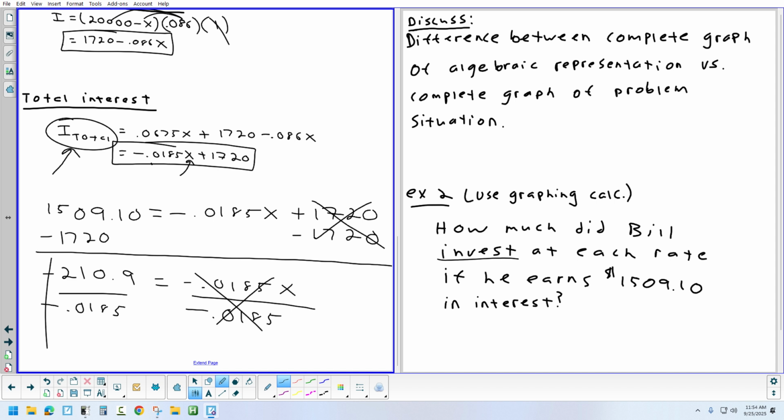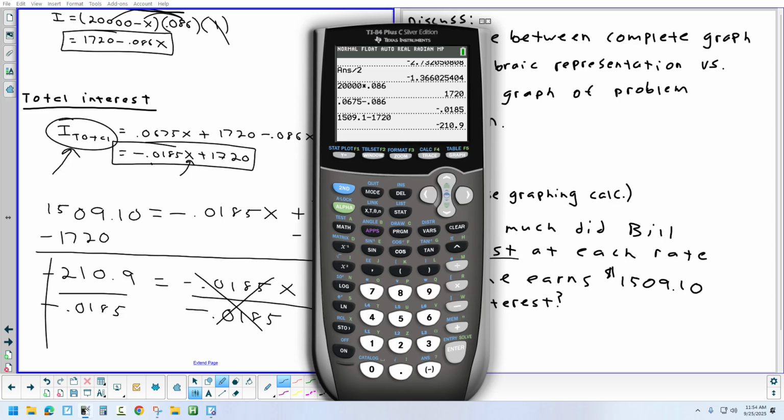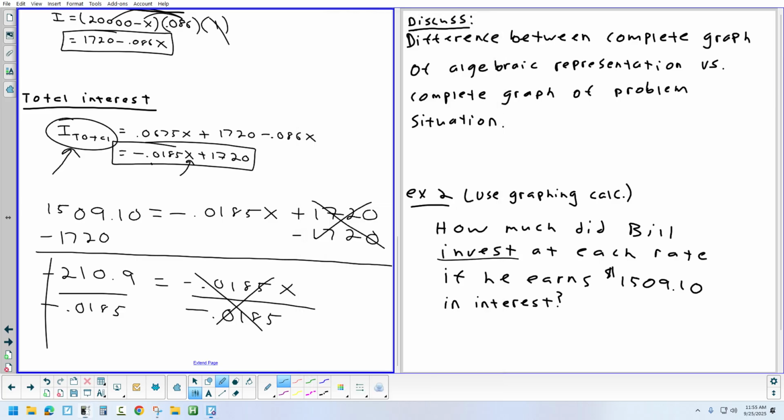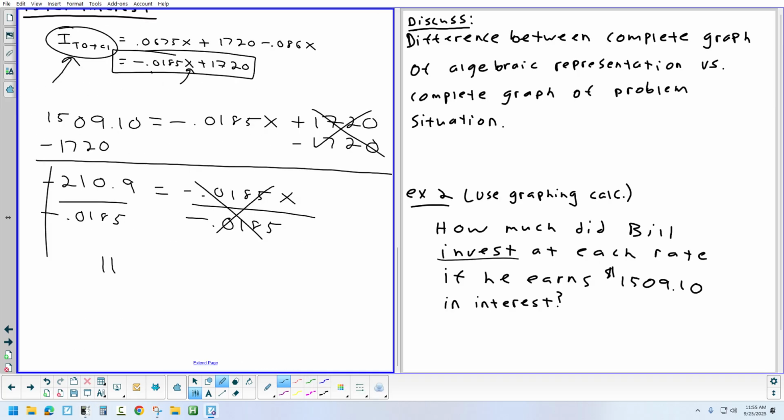Now those negatives cancel, and we just have to see what we get when we divide. So we have 210.9 divided by 0.0185. That gives us 11,400. And what is that again? The 11,400 is the initial investment.